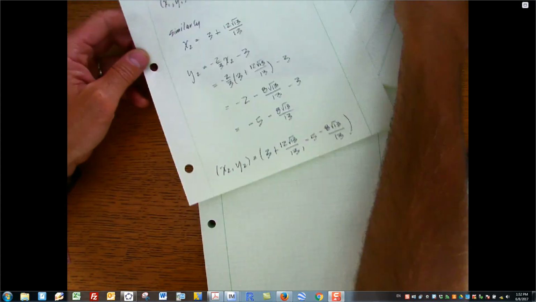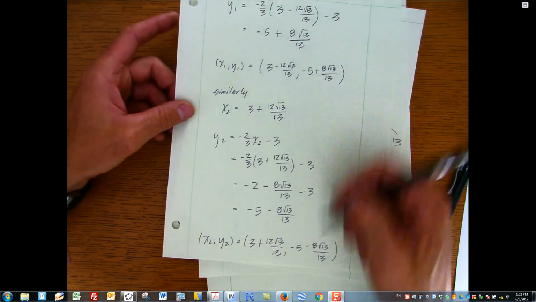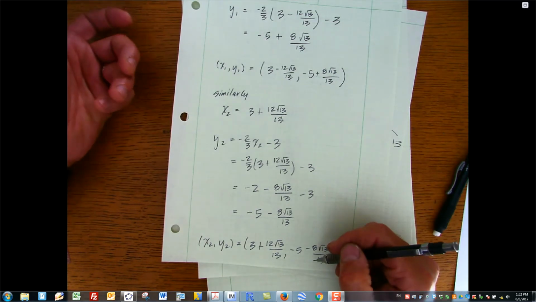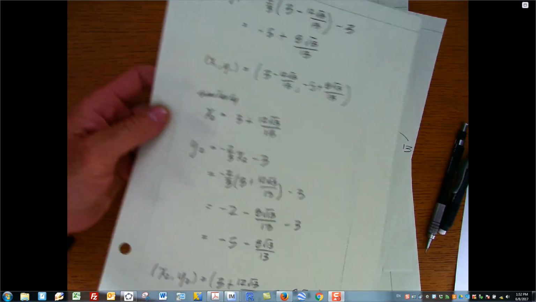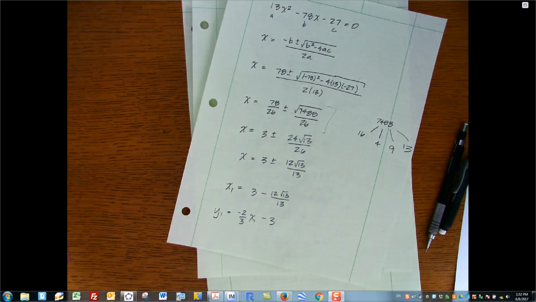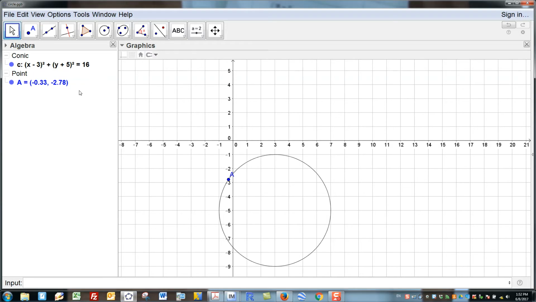And now the big test comes: are these really the points on the circle, and how do we know? That's one of the places where technology can help us a lot, because now we can go to GeoGebra and check it. As you can see, I've already checked one. So here's the circle that we started with, and what we're checking is to see if these 2 points indeed are the points that we want. So in the input bar, I'm going to put in x1, y1, and x2, y2.